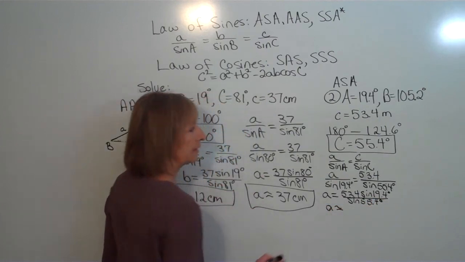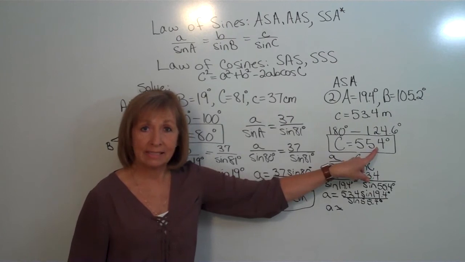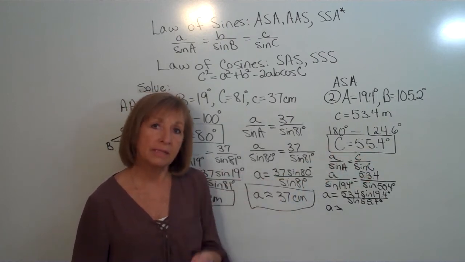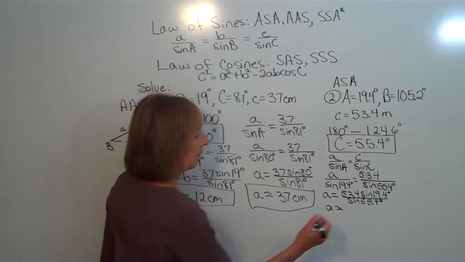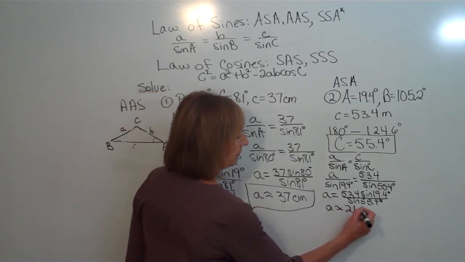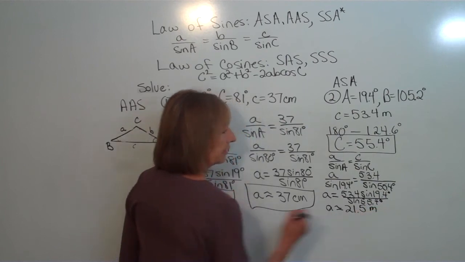So A is approximately, again, my angle is to the nearest tenth, so I need 3 significant figures, and you'll get that it's approximately equal to 21.5 meters.